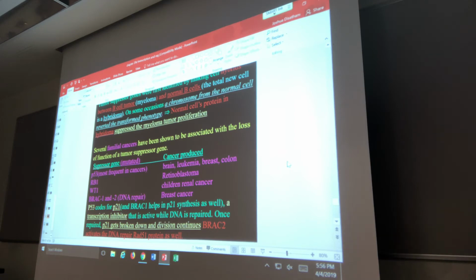What does this mean? Well, a good example is P53. P53 is a transcription factor whose normal job is to prevent the progression in the cell cycle unless everything has been checked. It's kind of like the master regulator of cell replication.